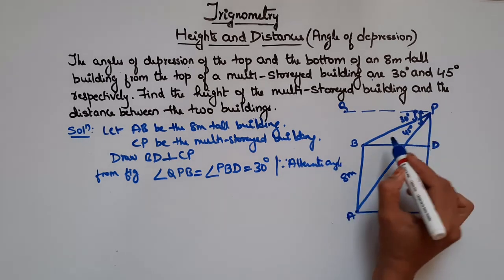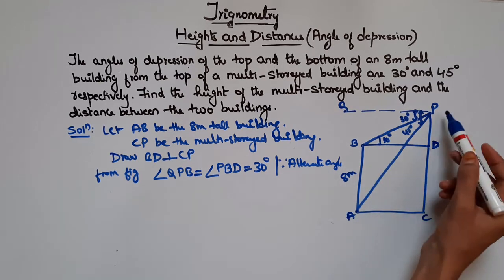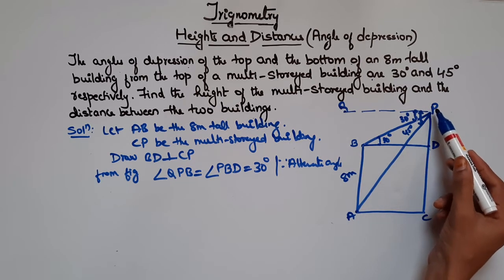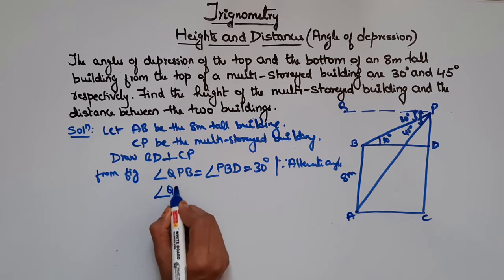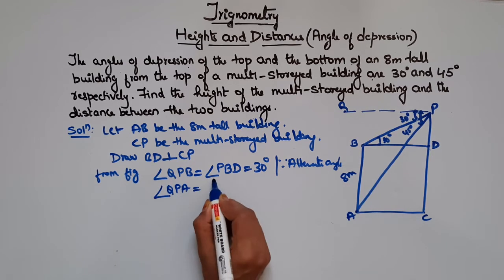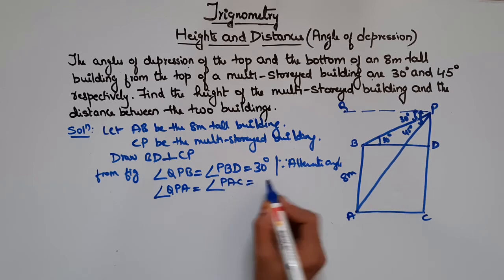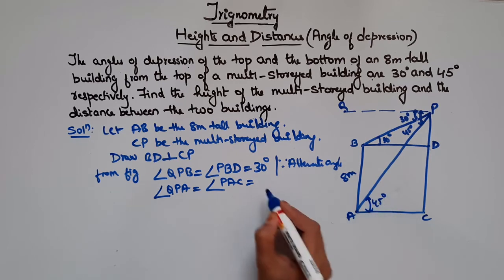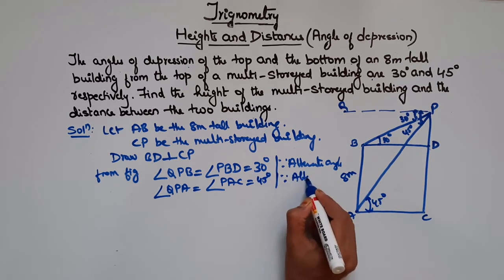So this is 30 degree. Similarly, angle QPA is equal to angle PAC, which is equal to 45 degree. So this angle is 45 degree. That is alternate angles.